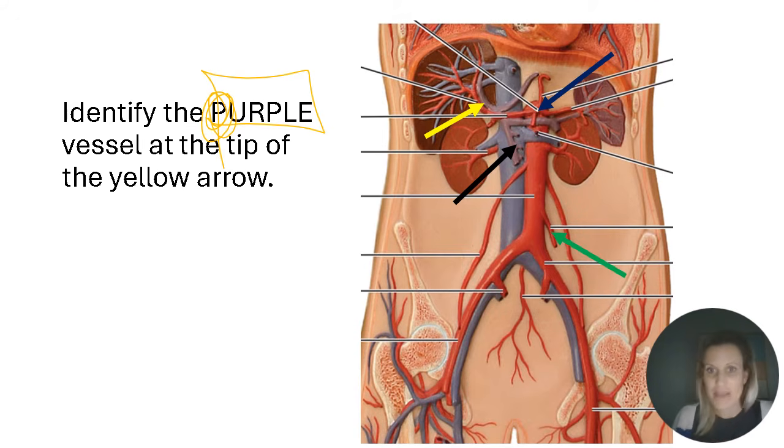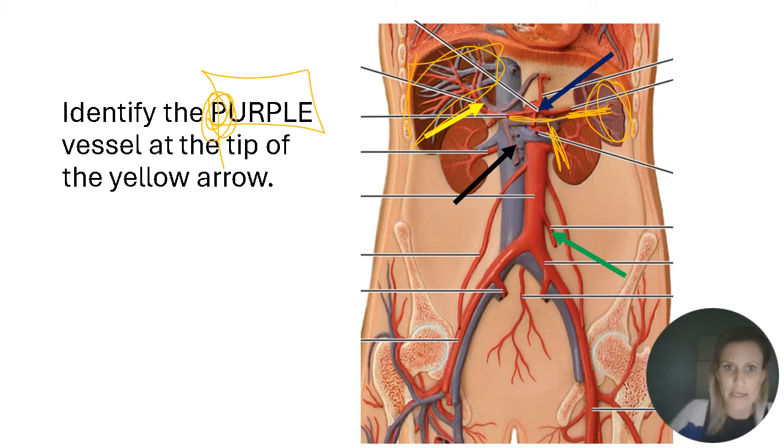Remember, for the portal veins, I always start at the spleen. This is a little bit different of a model than we looked at before, but we can get our bearings. This is the spleen over here. This big brown organ is the liver. If we start at the spleen, we have the splenic vein coming from the spleen. The first thing that merges with it is the inferior mesenteric vein.